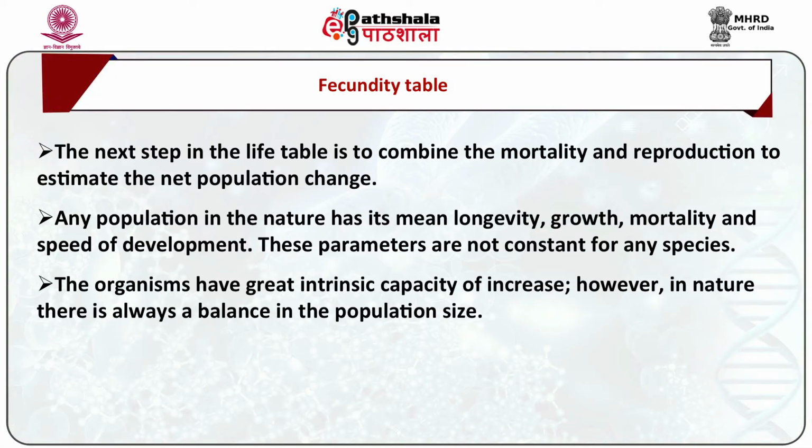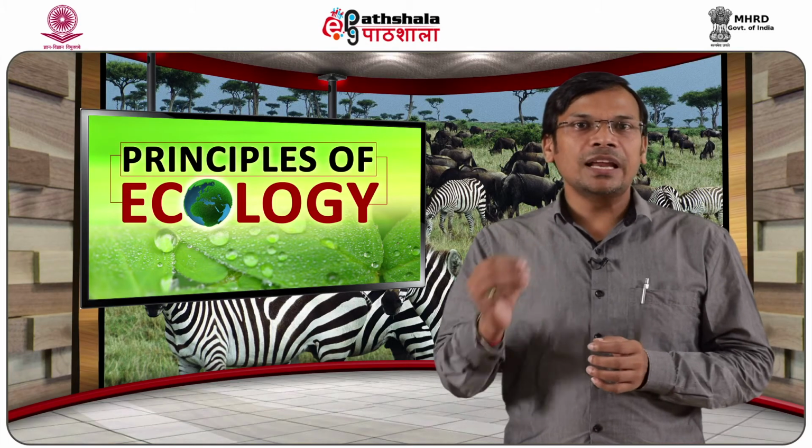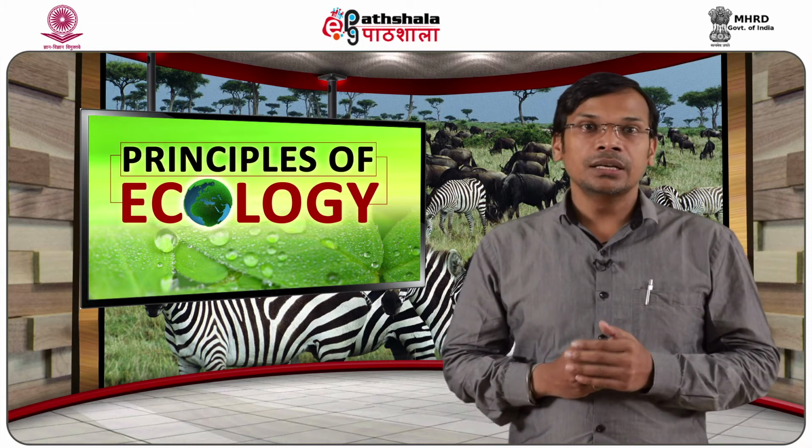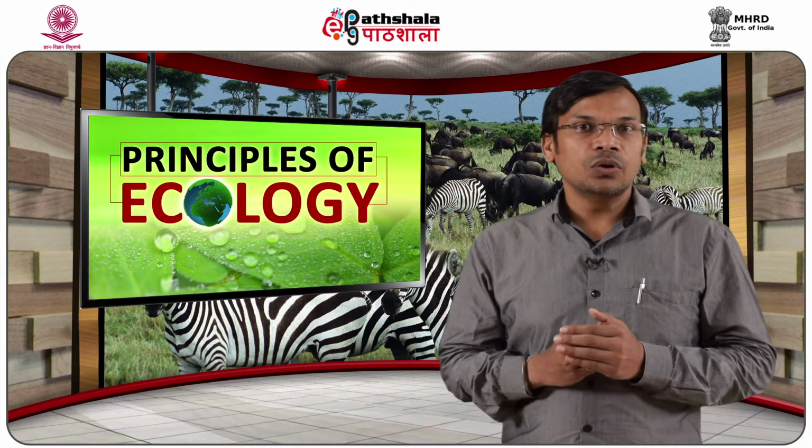Any population in nature has its mean longevity, growth, mortality, and speed of development. These parameters are not constant for any species. Their mean value is determined by environment and innate quality of the organism.